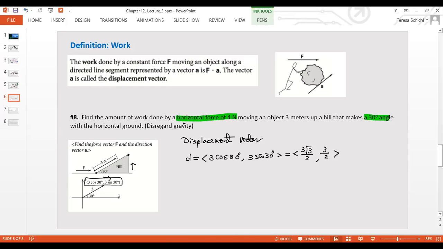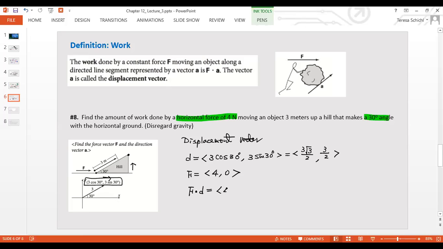Then I have a horizontal force. Because it's a horizontal force, I only have an X component and no Y. So F is 4, 0. The work done is the force dot product the displacement.